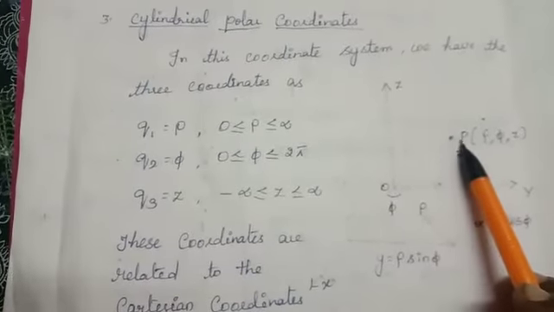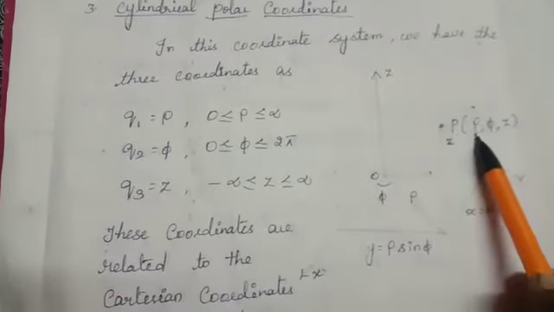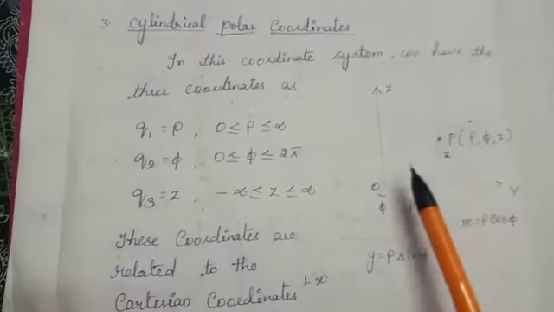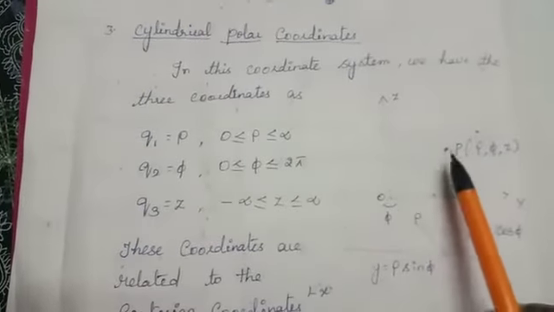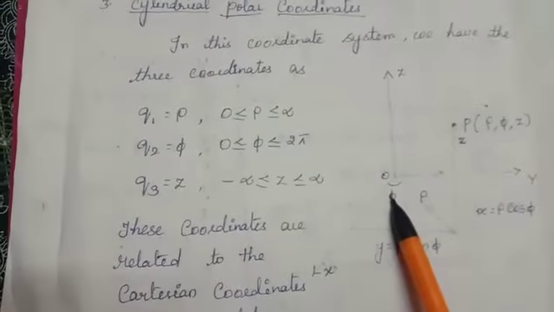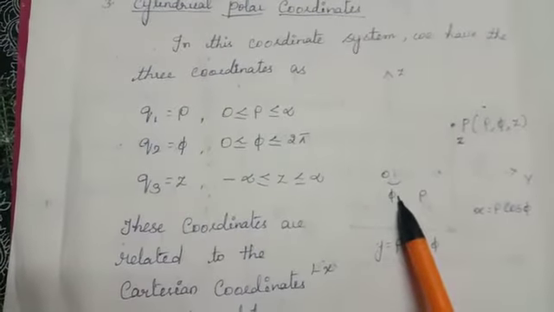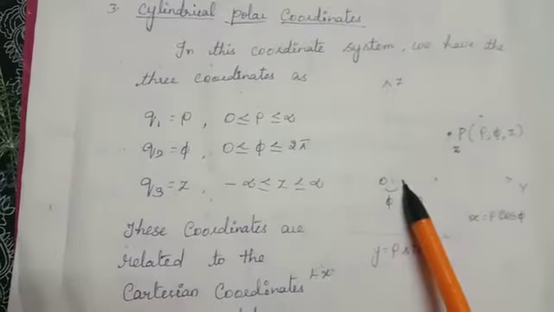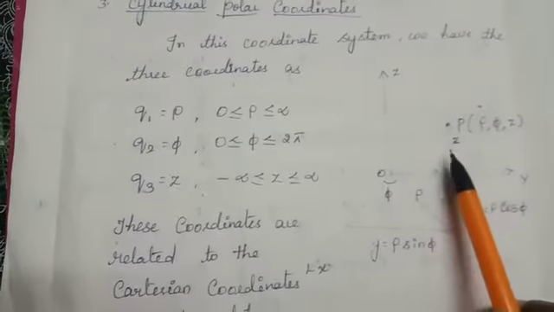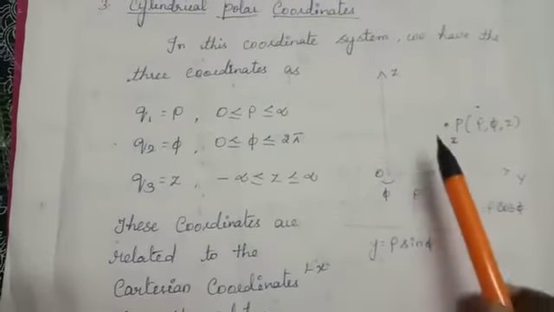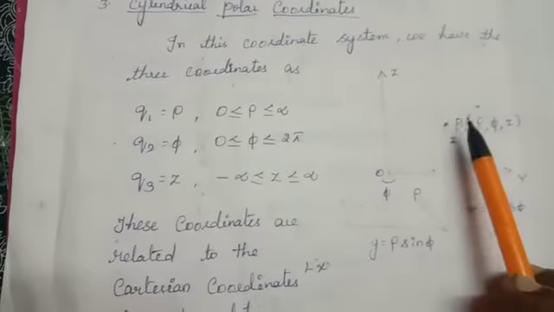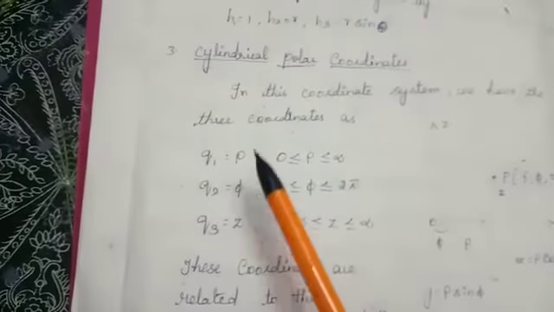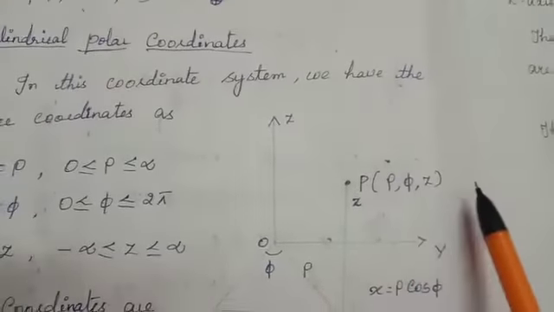Notice the three variables that we have: rho, phi and z. Here rho represents the distance from the z axis to that point, and phi is the angle referenced from the x axis towards the y axis, and z is the distance from the xy plane in the vertical direction to the point P. In this coordinate system we have three coordinates: rho, phi and z.